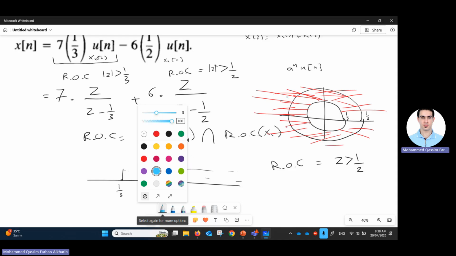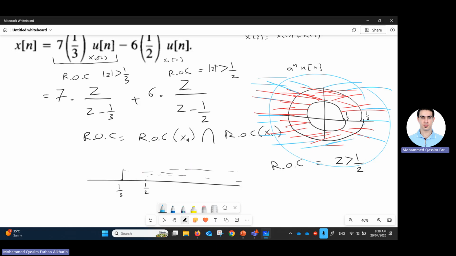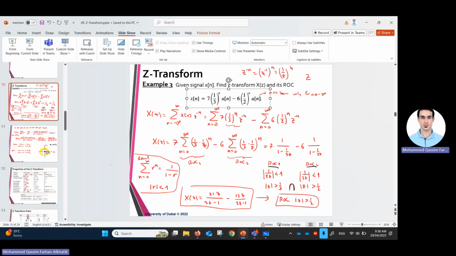And the second one, 1 over 2. So basically the intersection is going to be this outer region. This one is not included. So the region of convergence should be at z larger than 1 over 2. All right. So here is the detailed solution, but we refer to the previous example to save time.